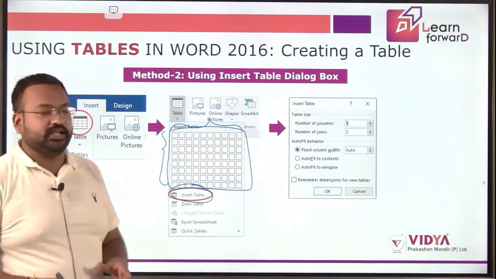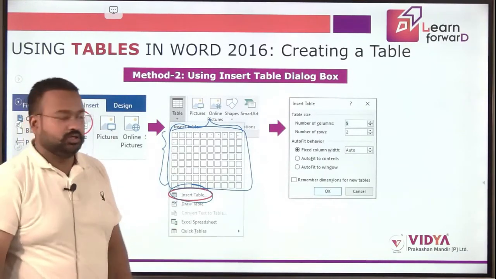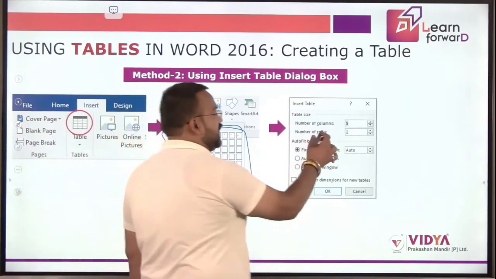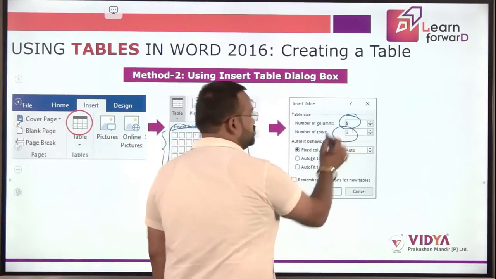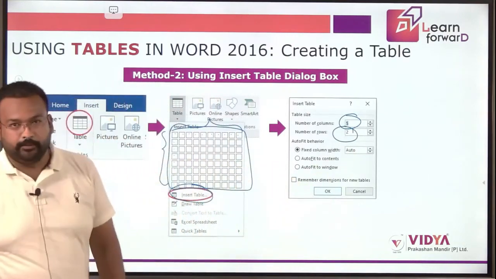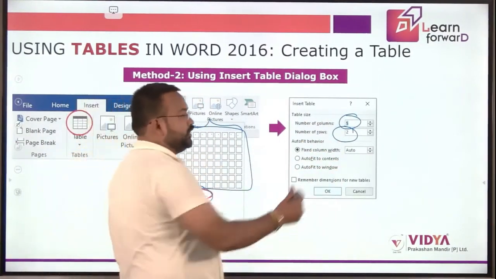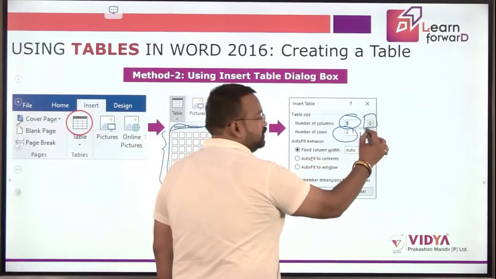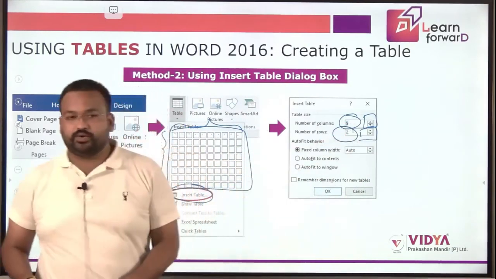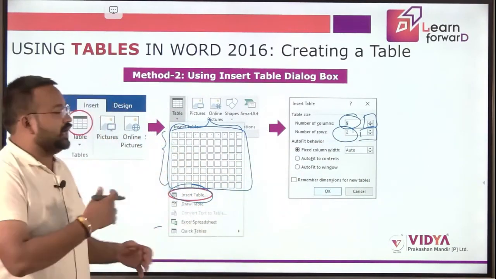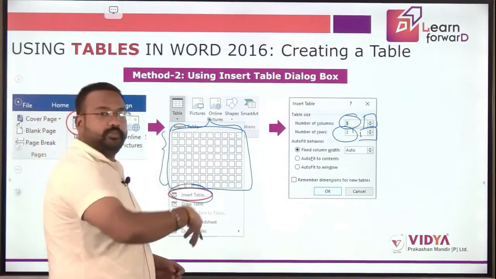In that case, we can select this option. When you click on this, it will ask how many columns and how many rows you want in your table. Over here you have to provide numeric values, or you can use these buttons. You must be seeing the upward and downward arrows. If you click the upward arrow, the number increases. If you click the downward arrow, the number decreases.